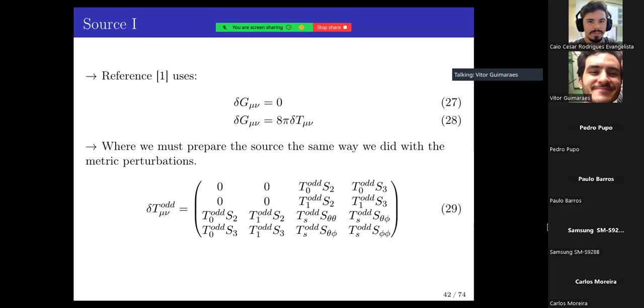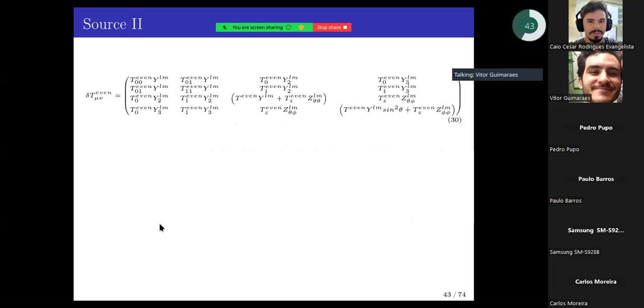In the Regge-Wheeler gauge, we would set this and this and this and this equal to 0 a priori, and we'd have only this and this part of the odd energy momentum tensor. And the even part looks even uglier. This is completely general, we haven't imposed any gauge. This is the completely general energy momentum tensor, the even part at least.